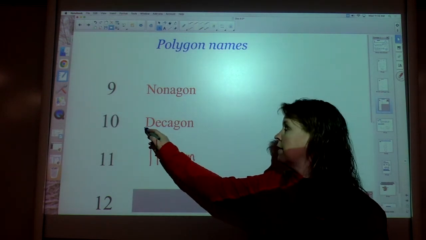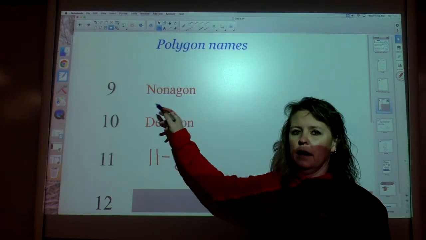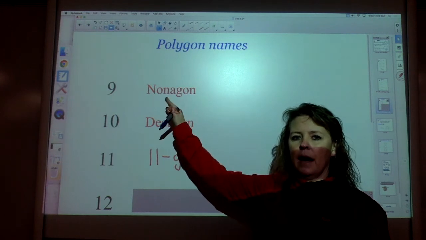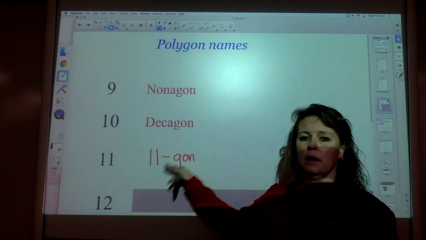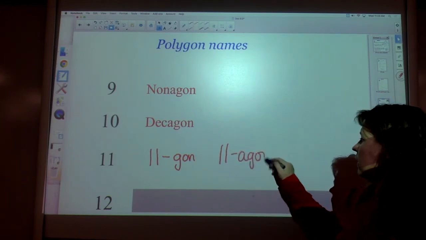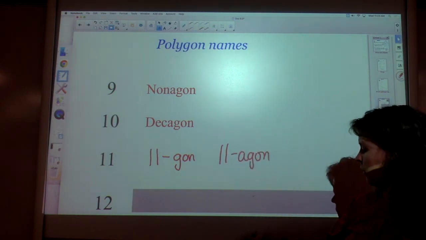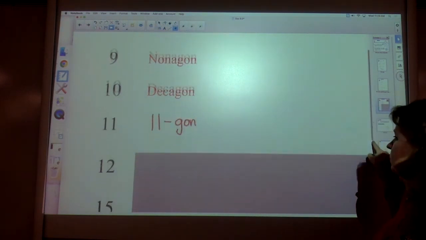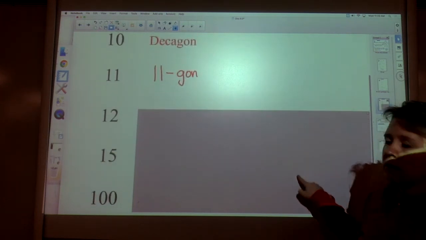Just like this is called a decagon, a nonagon. It's not a dec-a-gon, non-a-gon, 11-a-gon. You don't put an A in there and call it an 11-agon. That's not correct. Gon is the suffix that you put on the end. 11-gon. Just ask your English teachers.